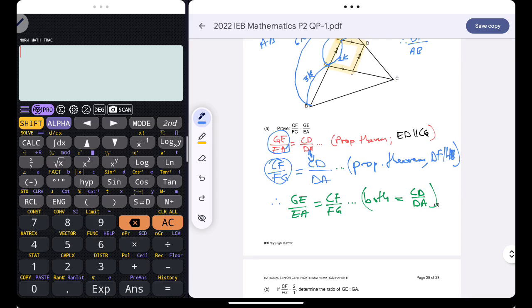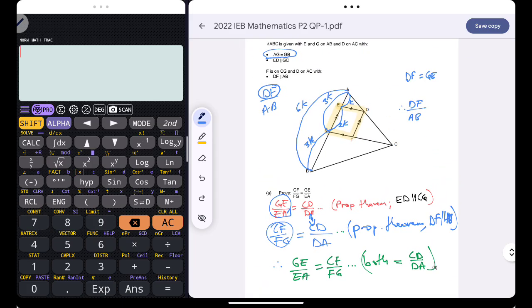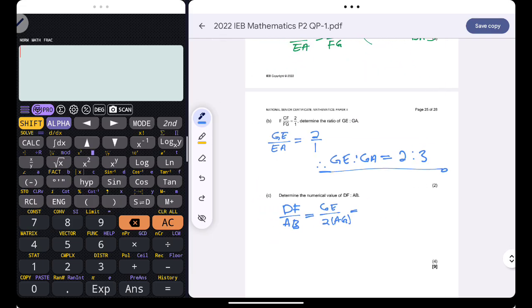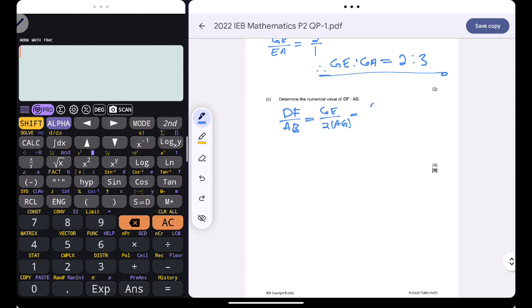I'm saying 2 times AG. Why? Because AG is just this length alone, which is 3k, and AB is 2 times 3k. So GE, remember that GE was just 2k. This will be 2 times 3k. So the final answer is just 1 over 3.